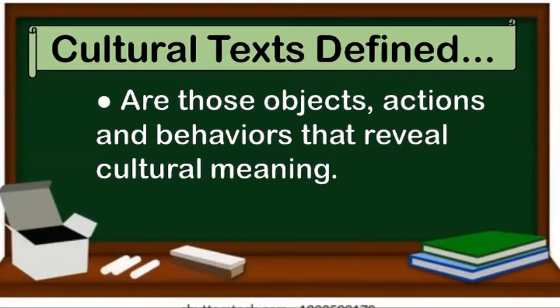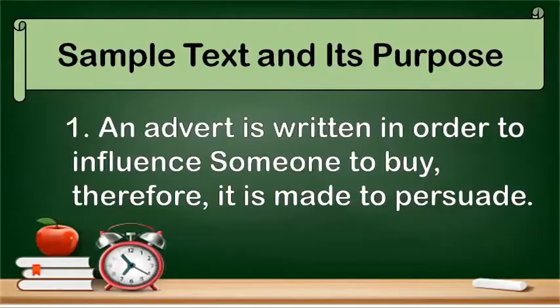For actions, we have bayanihan, and behaviors like being generous, being hospitable. So that is what cultural text is all about. It is not technically what a text is, but it is about the representation of our culture. So that is cultural text.